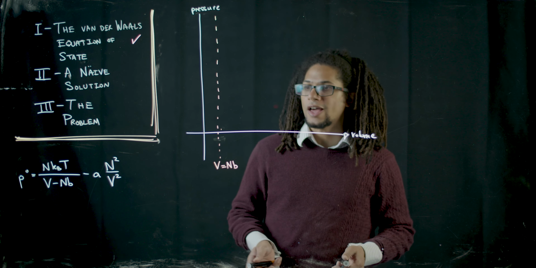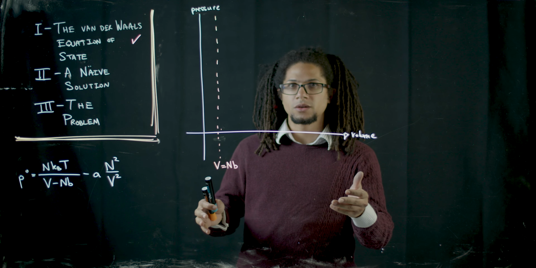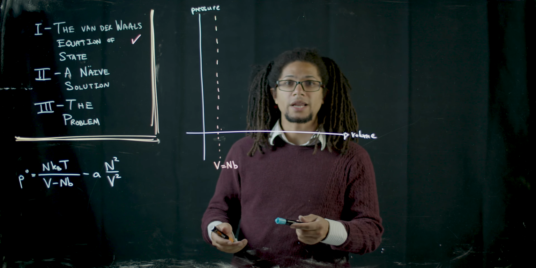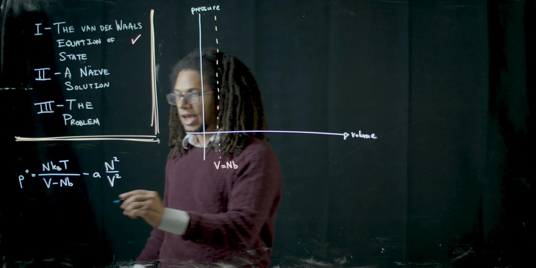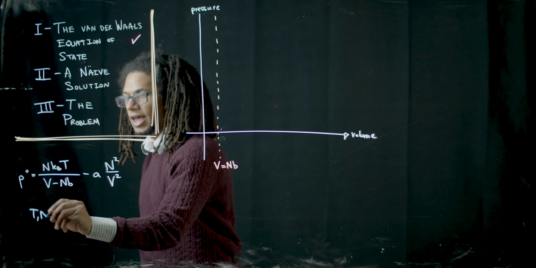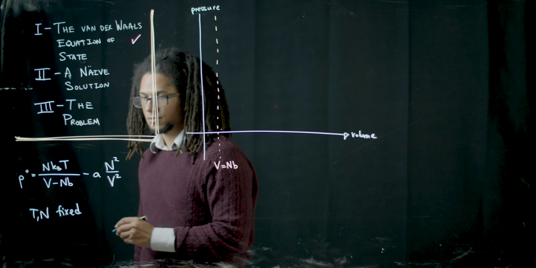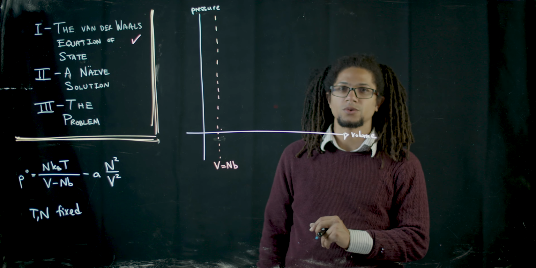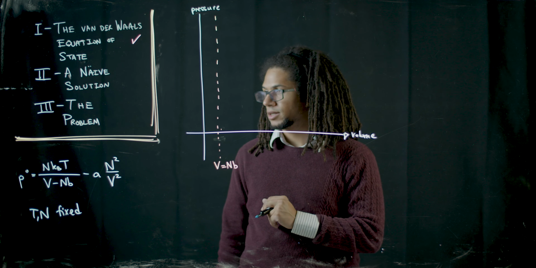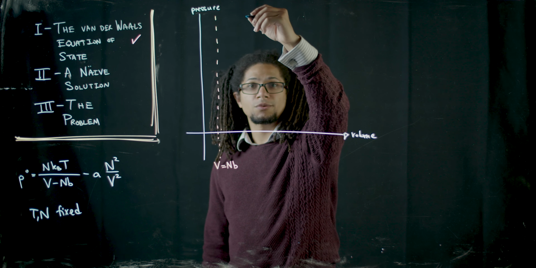Okay, all of that aside, this equation can be plotted in these coordinates. And since we care about fixed T and N, let's look at the solution for different values of T. Okay, so we basically get three types of behavior.